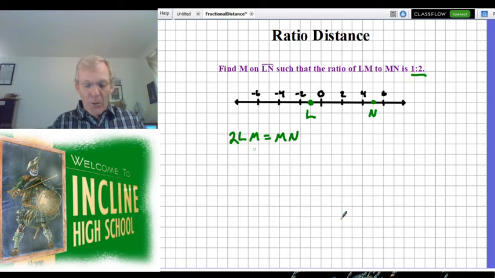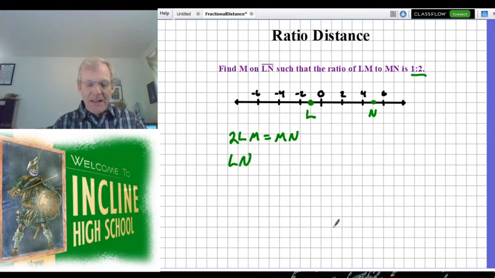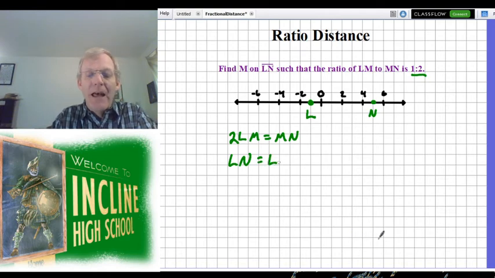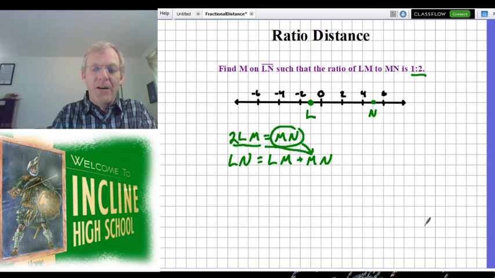So then we're going to look at the betweenness of points theorem, where we're going to realize that the total distance LN is equal to the LM distance plus the MN distance. And now we can substitute right here, that's MN, and plug in 2LM, because that's the same.